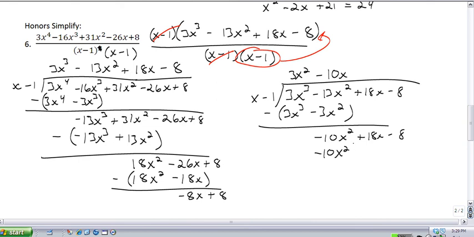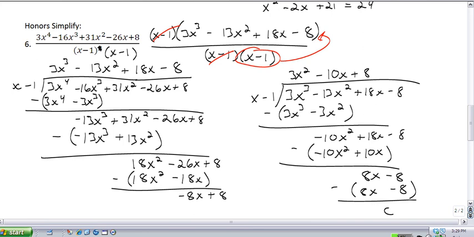So a negative times a negative is a positive 10x. Subtract 18, take away 10 is 8, so 8x minus 8. x times a plus 8 will be 8x, and then minus 8. Remainder 0. Oh, it does go in twice. So this equals x minus 1 times 3x squared minus 10x plus 8 over x minus 1.